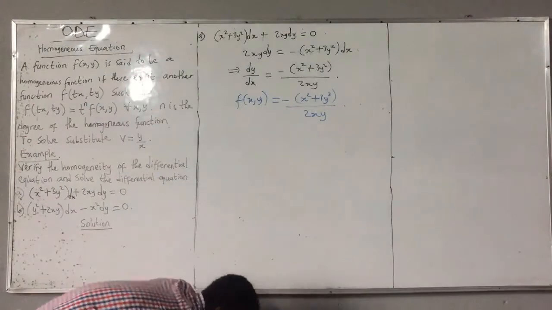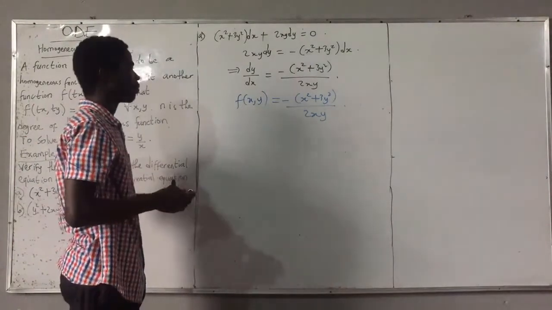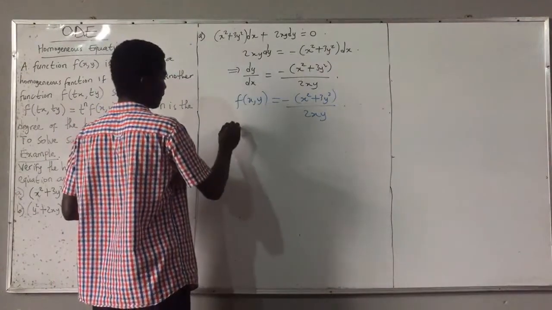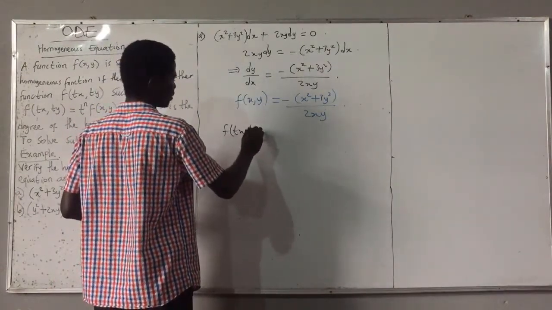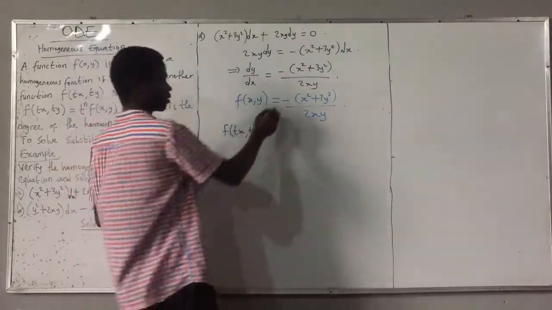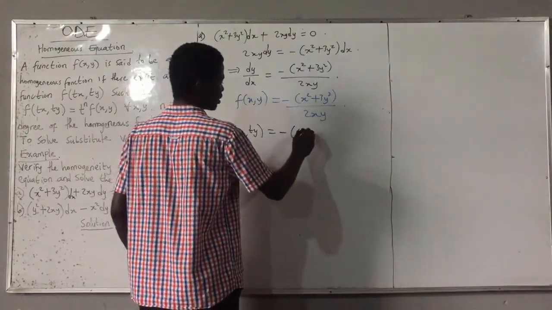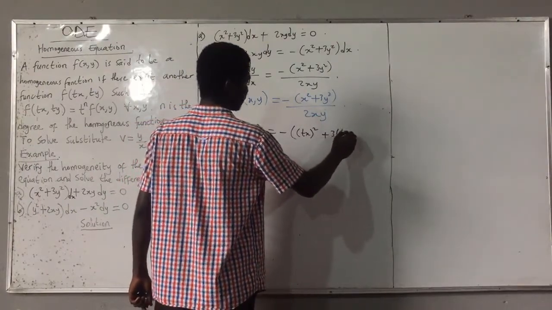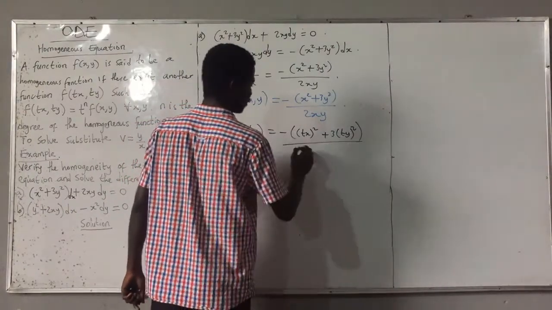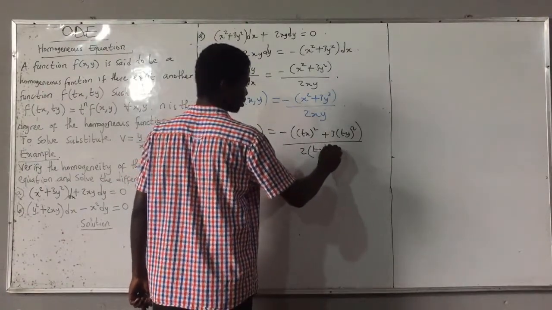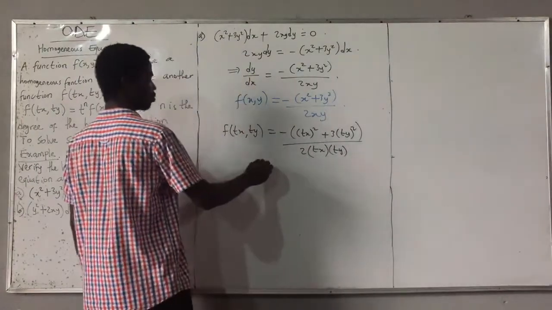If you check for f of tx and ty, what are you going to get? You have f of tx comma ty. Anywhere you see x, put tx. Anywhere you see y, put ty. So this is minus (tx) squared plus 3(ty) squared all over 2 times tx times ty. Now look at it.